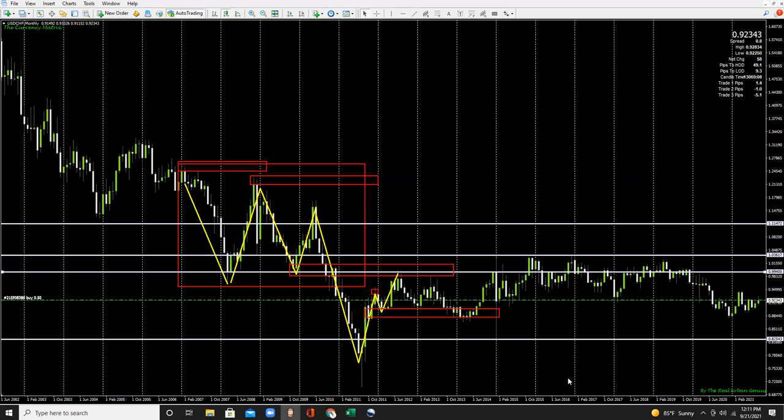Now that area that we drew and mapped out, look at how we can pull it all the way across. Price never exceeded below this level ever again, once this particular pattern created this trend and this structure.